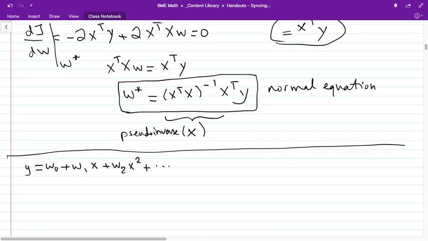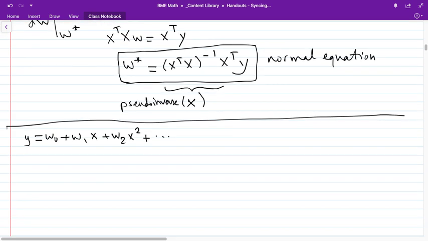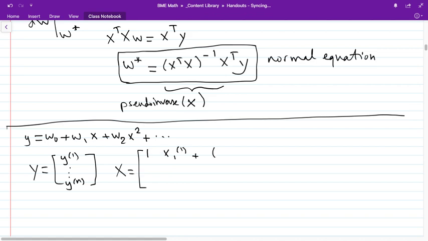It doesn't really change our problem, because we can still write it as follows. y is y1 to yn, this is all the data that we have, and we have the matrix x.